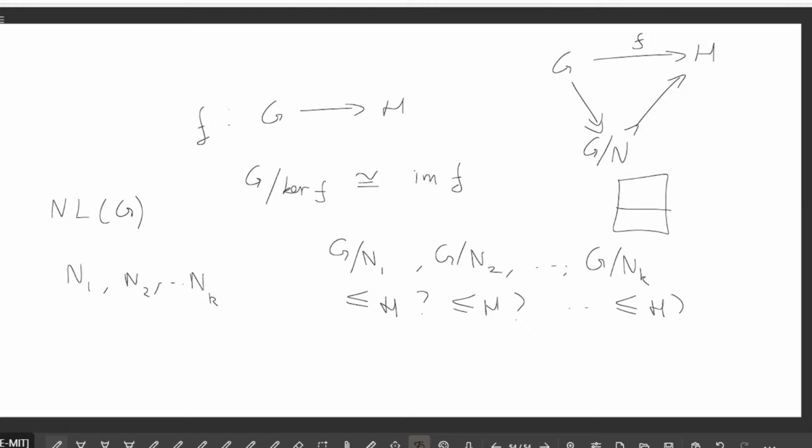I'm fixing the kernel as N, and I'm fixing the image as some A. How many homomorphisms are there from G to H which have this particular N as kernel and this particular A as image? If I fix kernel and image, how many will there be?